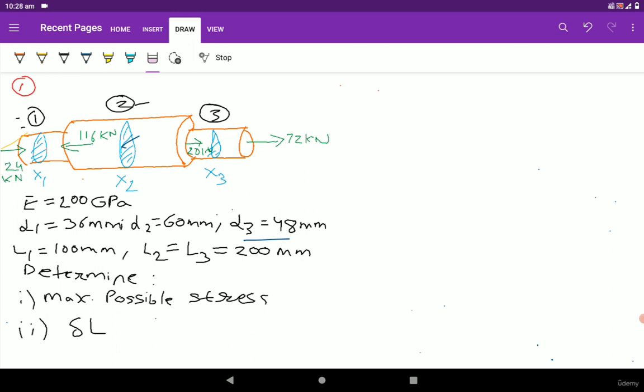Okay, now we have to calculate the change in length. Firstly, we calculate the change in length one by one in these three different sections.